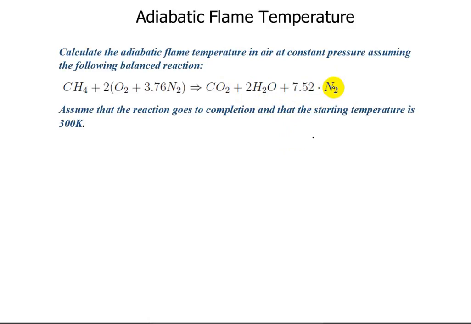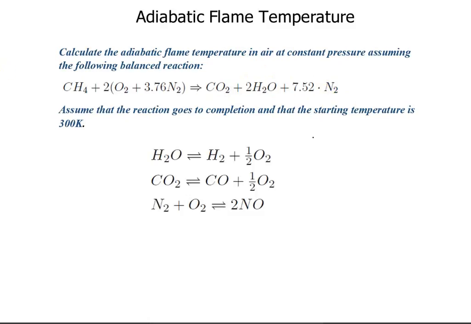Indeed, the reaction, the way it's written here, doesn't actually occur. What really happens is that when the temperature gets above about 1,000 degrees, we start getting dissociation of the CO2, dissociation of the water, and association of the nitrogen.